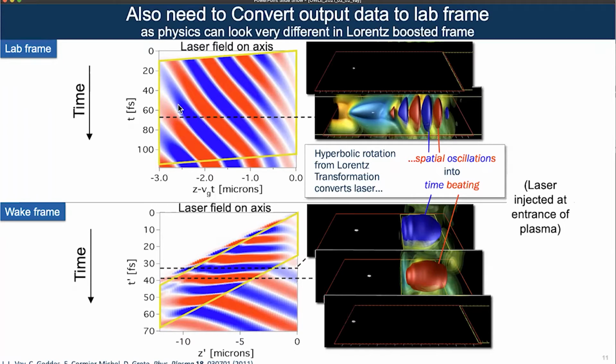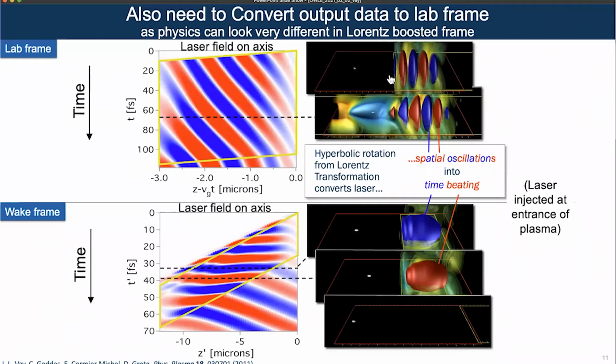What it does is that this laser stripe that looks like this in the lab frame, moving with the wake, may align perpendicular to the time axis. That means that this spatial oscillation of the laser transforms into time beating in the plasma in the boosted frame. So it looks very unintuitive, but it's actually the same physics.